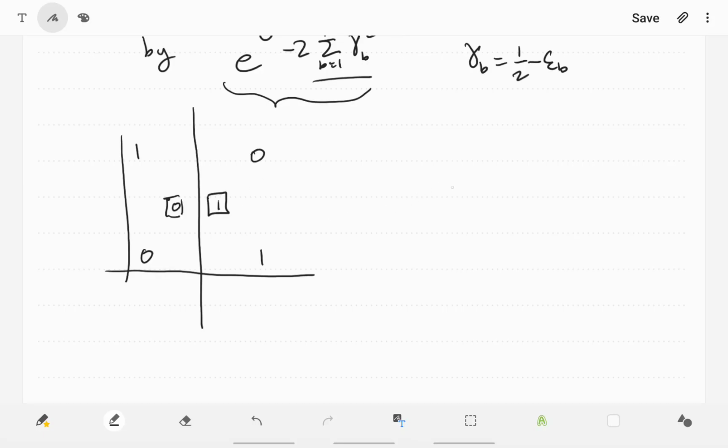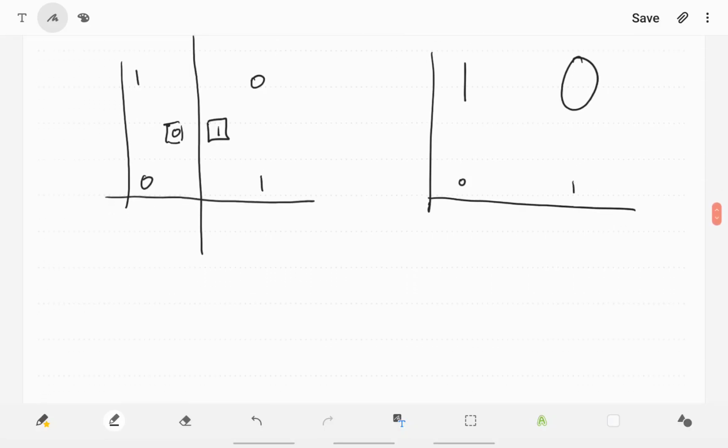Now, what happens in the data augmentation? We would have a misclassification here and a correct classification down here, and the weights change accordingly.